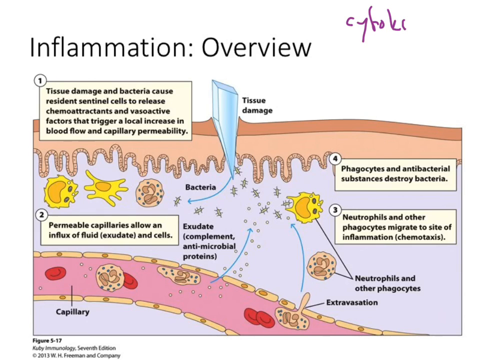cytokines and chemokines. And chemokines are just a specific type of cytokine. The function of these: chemokines recruit. In other words, chemokines are chemoattractants. And you may remember this term from the beginning of the semester when we talked about bacterial movement.